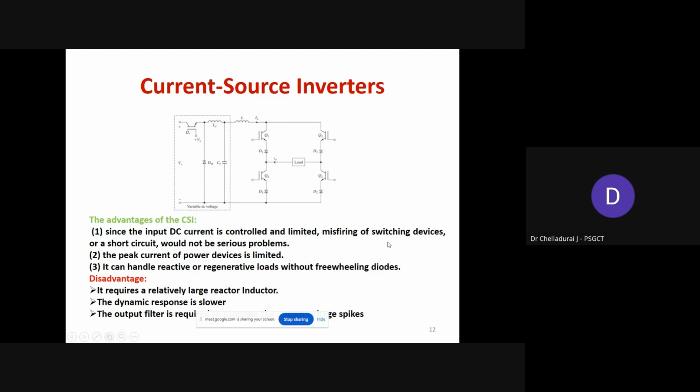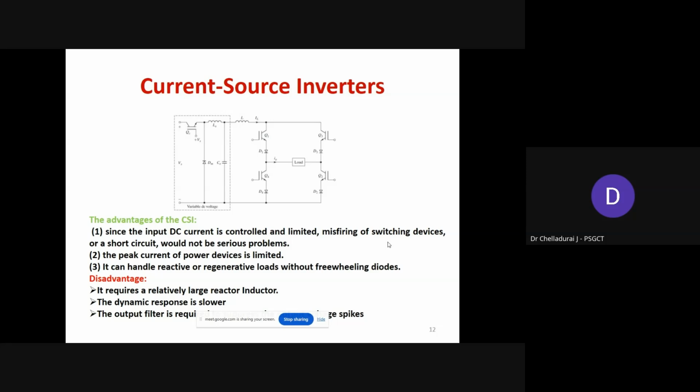Then peak current of the devices is limited. Then it can handle regenerative loads without freewheeling diode, because the voltage polarity can be reversed by using this current source inverter. So when voltage polarity is reversed with forward current direction, we can easily get the power exchange.